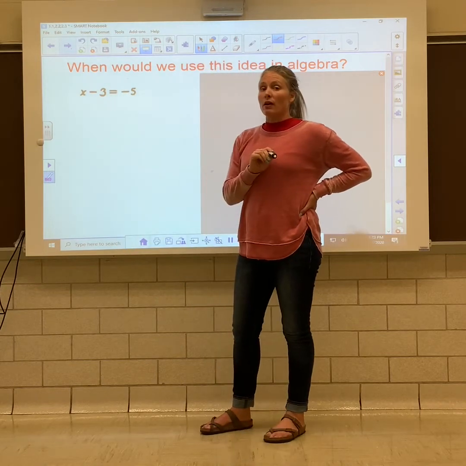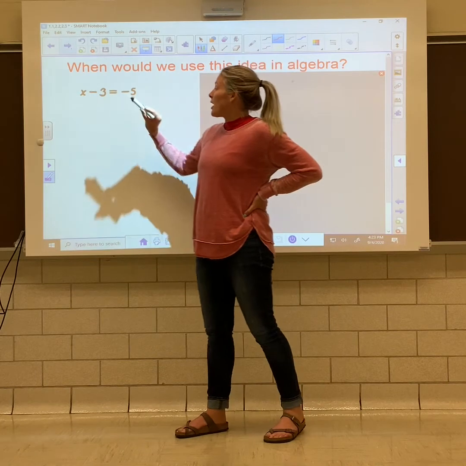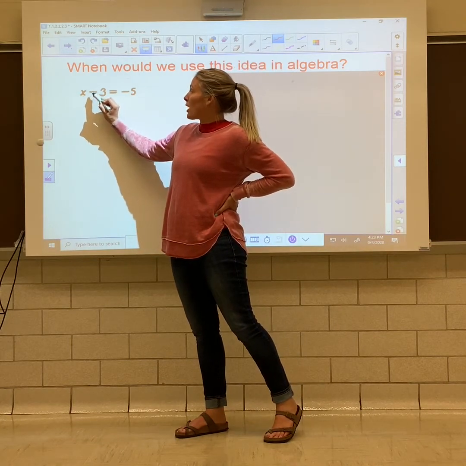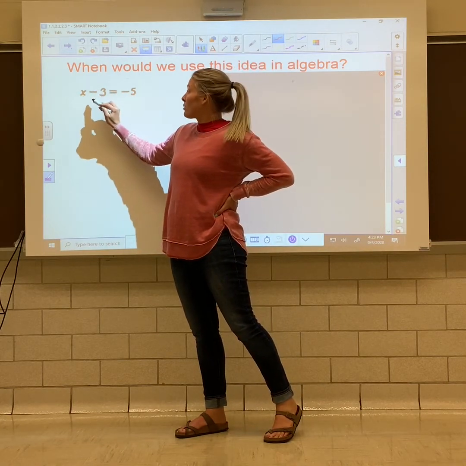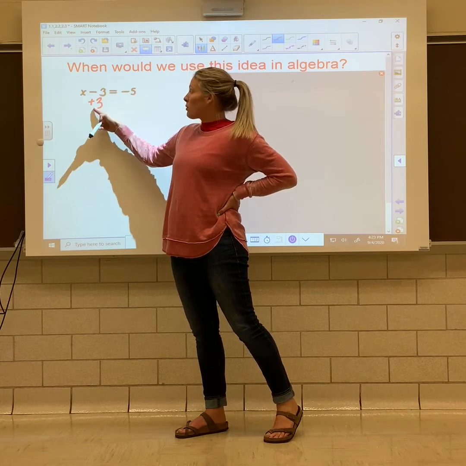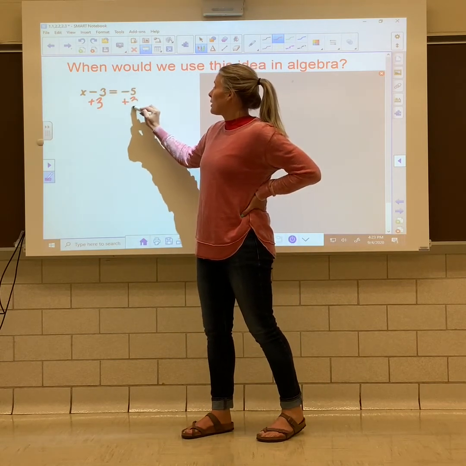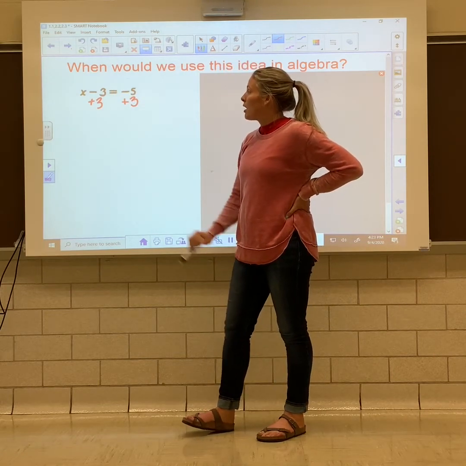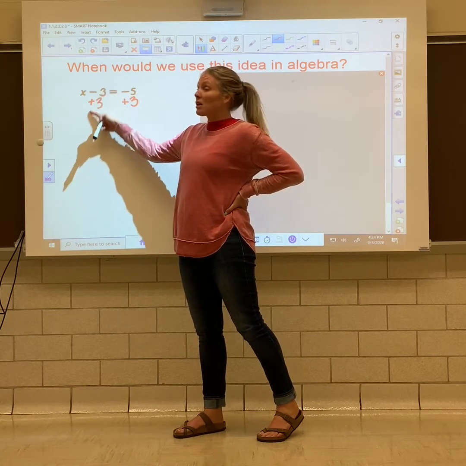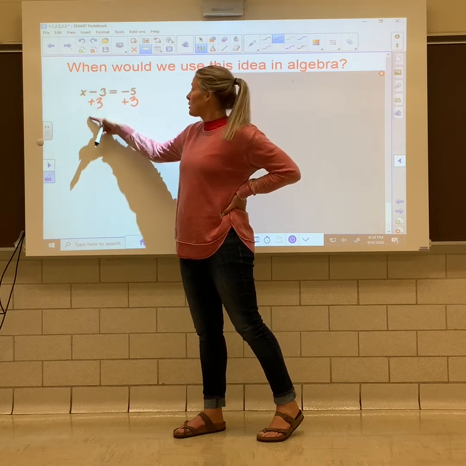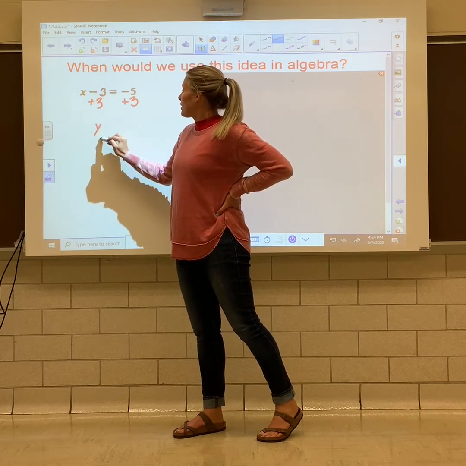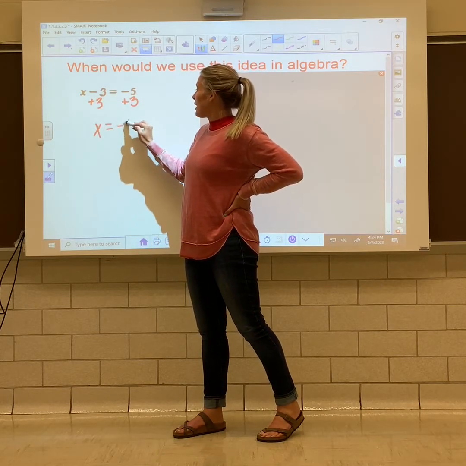Well, we just learned about inverse operations, and I know to undo subtracting 3, I'm going to add 3. And what I do to one side, I'm going to balance it out by adding 3 to the other. Our inverse operations undo one another, so I'm left with x is equal to -2.